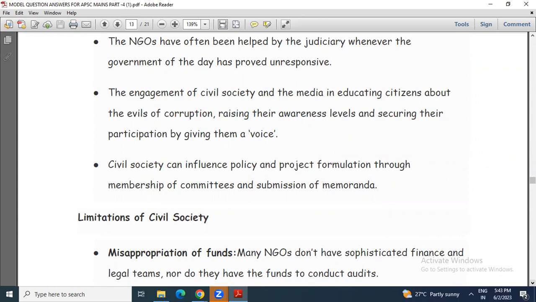Now, engagement of the civil society and the media in educating citizens about the evils of corruption, raising their awareness levels, securing their participation by giving them a voice. See, corruption is a really very serious issue in our Indian society.